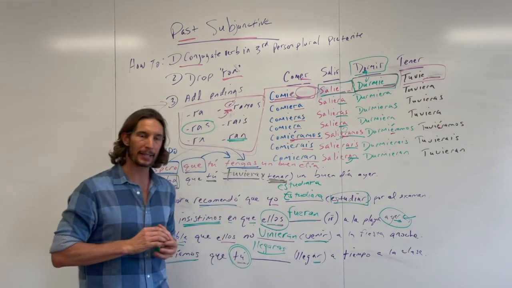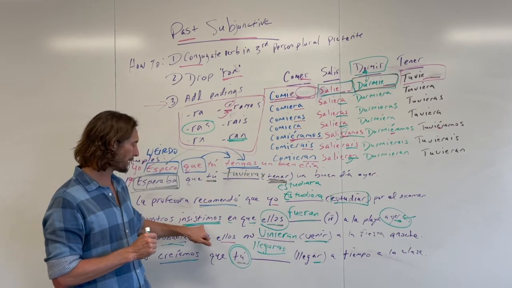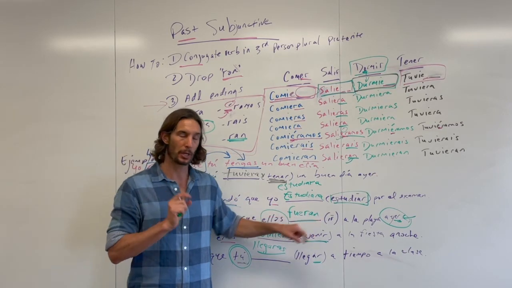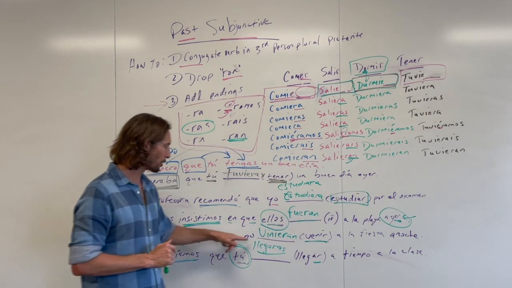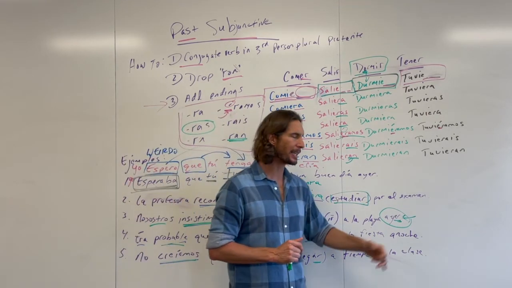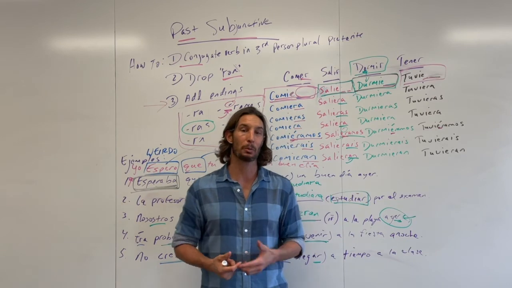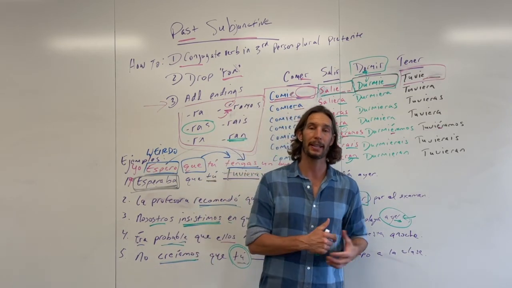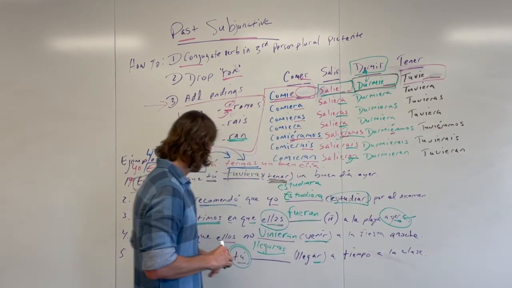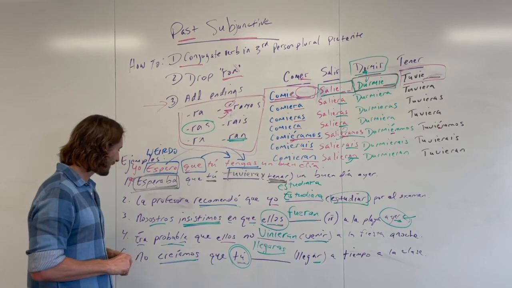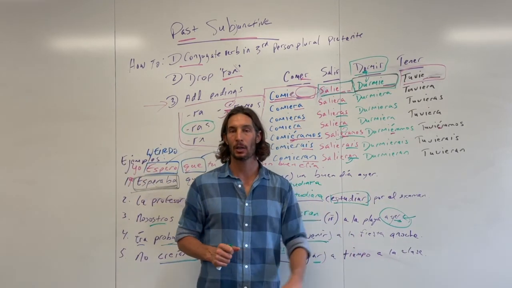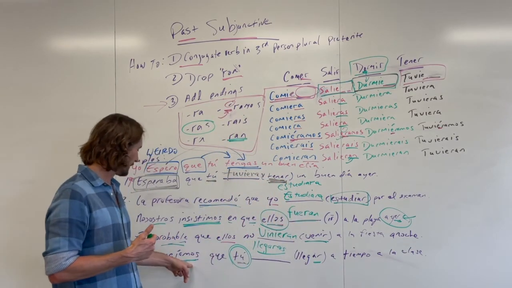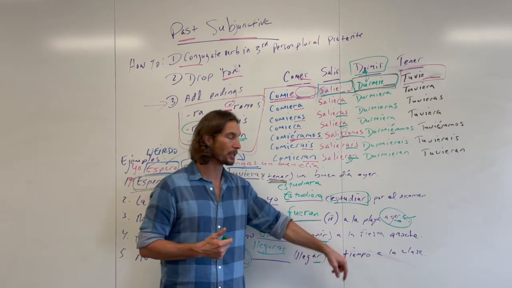But grammatically in Spanish, past tense weirdo, past tense subjunctive. So, número cuatro, era probable que ellos no vinieran a la fiesta anoche. It was probable that they didn't come to the party last night. No creíamos que tú llegaras a tiempo a la clase. We didn't believe that you arrived on time to class.